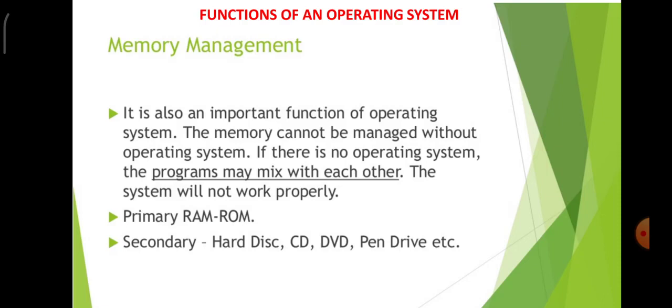Secondary memory, as you all know, is hard disk, CD, DVD, pen drive, etc. This has been covered in the previous class itself. So memory, as you know from the block diagram of the computer, is a very essential function of an operating system, because without memory, no input can come in and no output can go out. So memory management is very important.